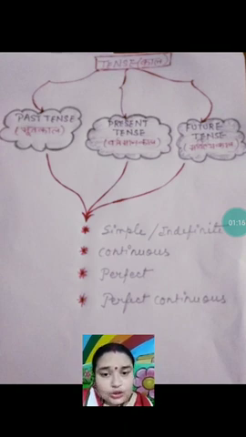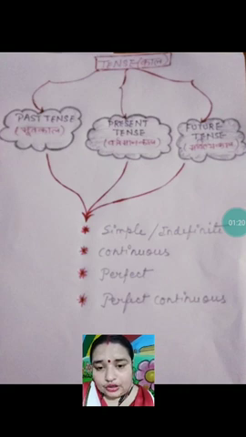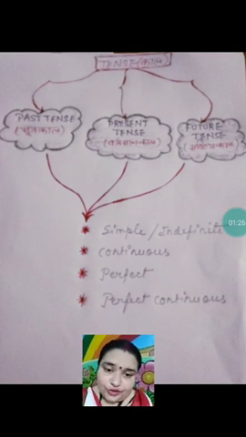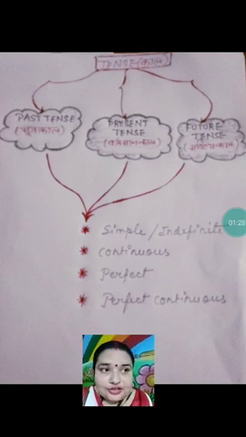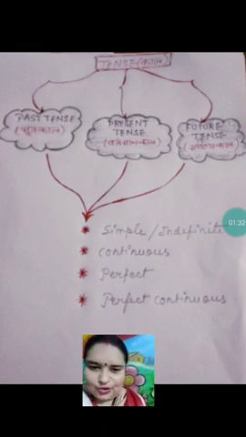We came to know about these names, and today we are going to discuss simple present tense, and we'll try to find the easiest way to recognize it. Watch this video so that you can know it.